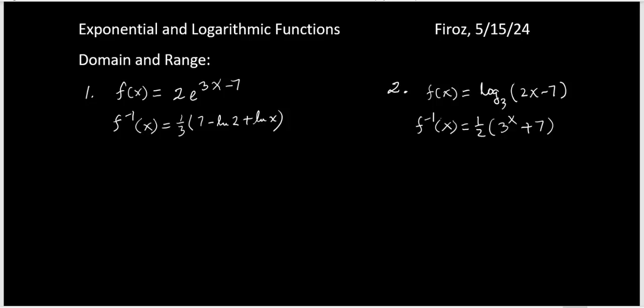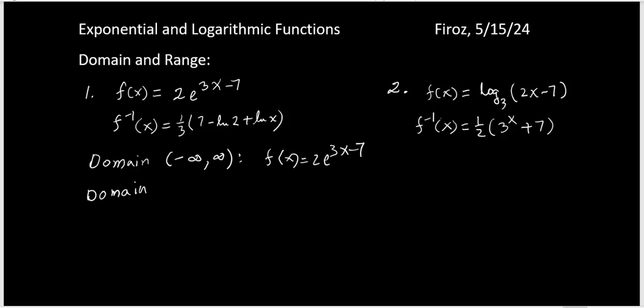So the domain of this function will be all real numbers because we are not having any issues on x when you have 2 e to the 3x minus 7. It is defined for all values. So the domain will be negative infinity to positive infinity. And the domain of f inverse will be 0 to infinity.